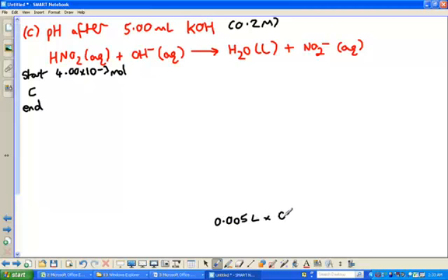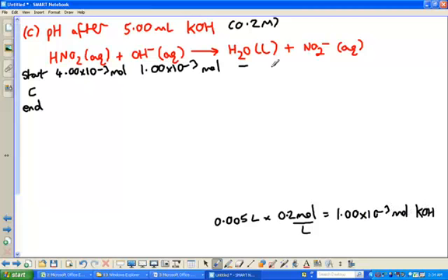That's going to be multiplied by 0.2 moles per liter, and so let me be accurate about this. This ends up being 1.00 times 10 to the minus 3 moles of my KOH. Okay, so that's what I have here, and I'm going to write that here. 1.00 times 10 to the minus 3 moles of that.